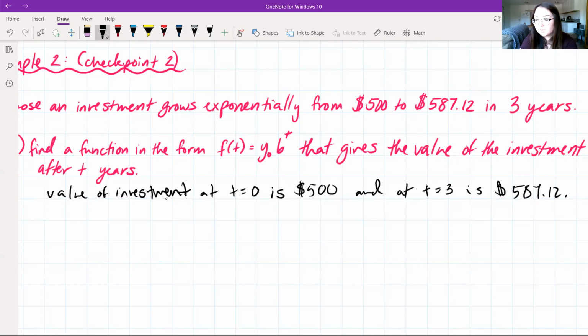So now we have these values assigned to different values of t.